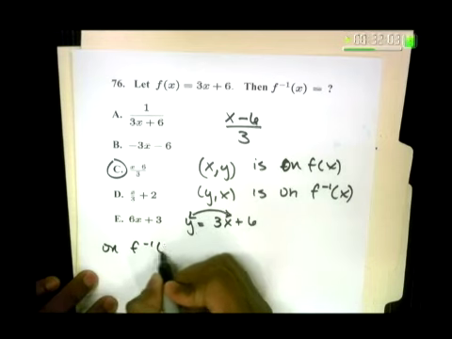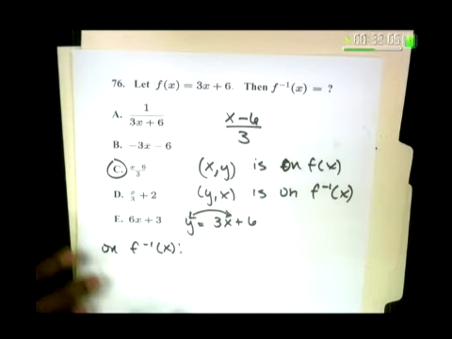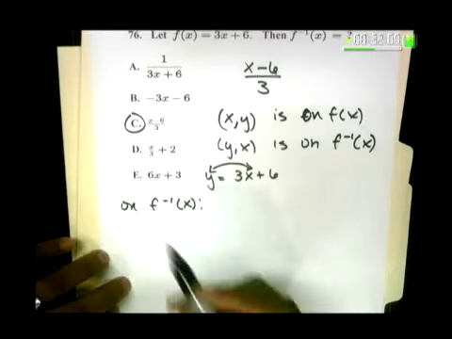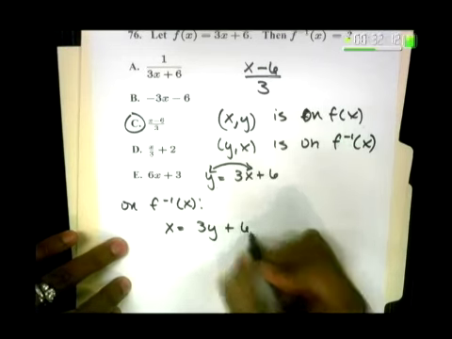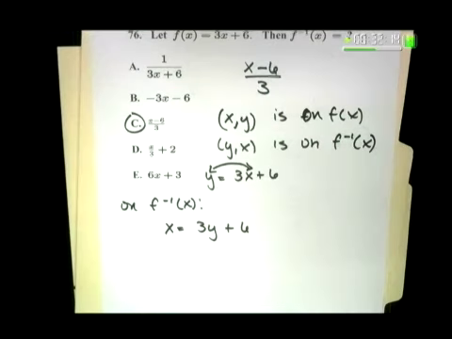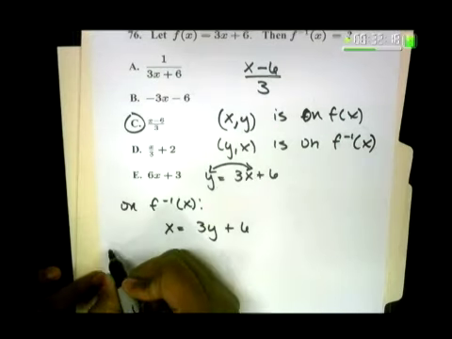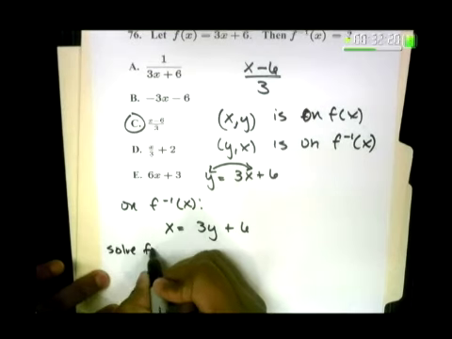So on f inverse of x, the x and y are switched, and I would say x equals 3y plus 6. And then I would just solve for y, and that would give me the inverse.